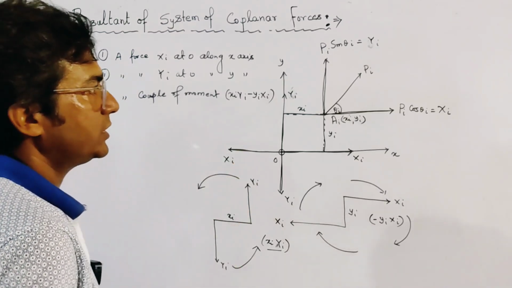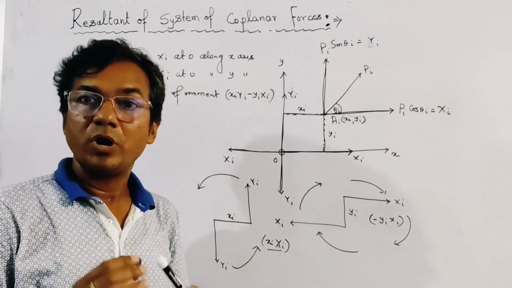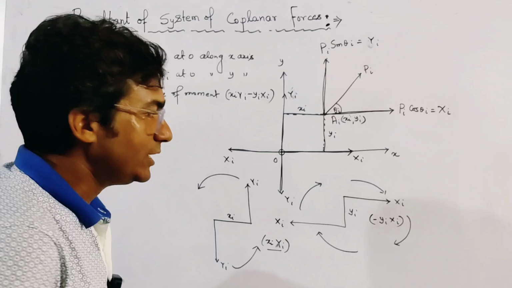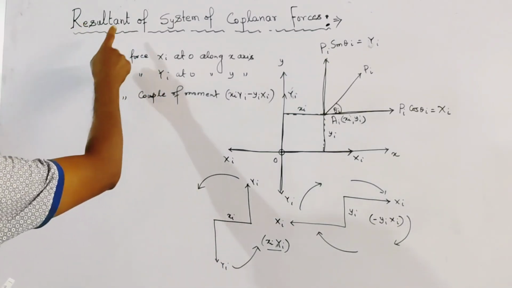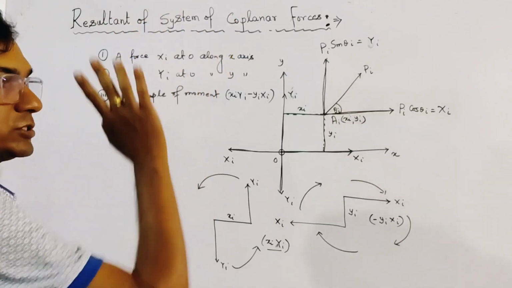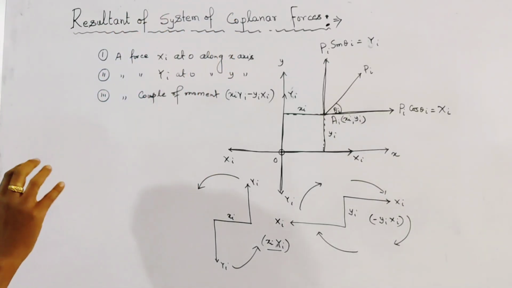If we consider the total system, that is the system of n forces P1, P2 to Pn, then we say that the system of coplanar forces can be resolved into three parts.